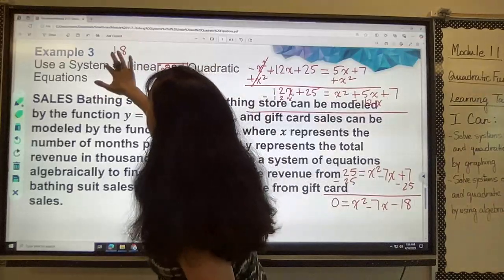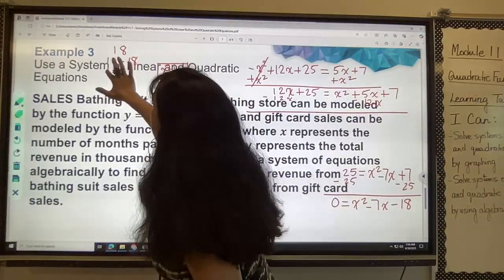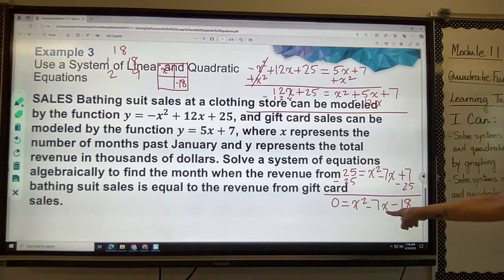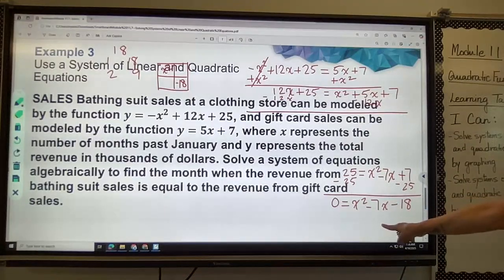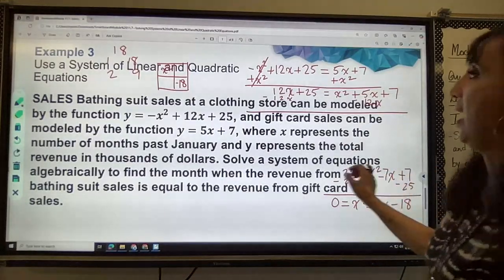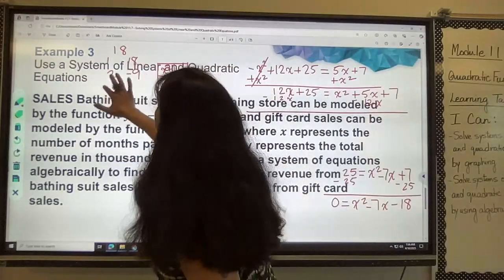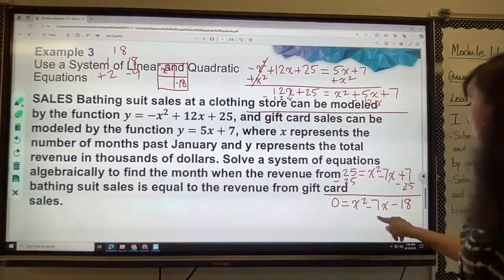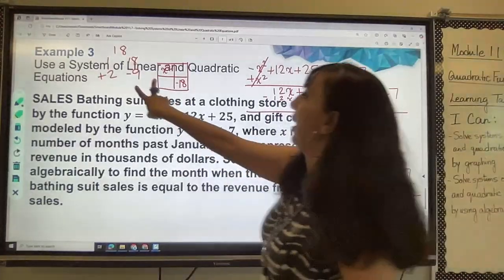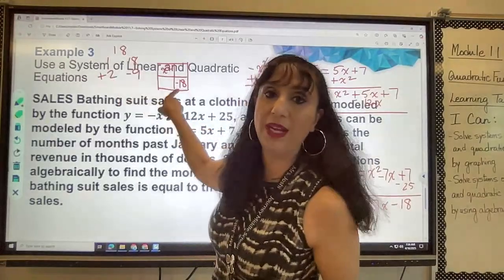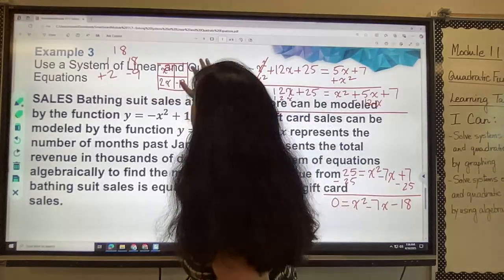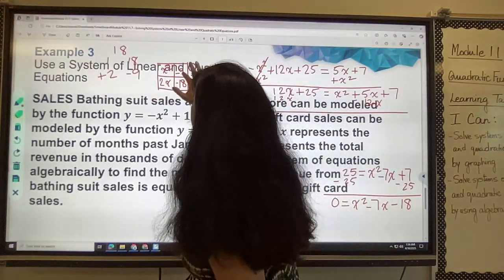I can get 1 times 18, I can get 2 times 9, but I am trying to get over here to negative 7, so that one makes sense, and this is going to be negative 9 and positive 2. Because what is that going to give me? That will give me negative 7. And multiplying the inverse sign is going to give me negative 18. Okay? So this is 2x and this is negative 9x.